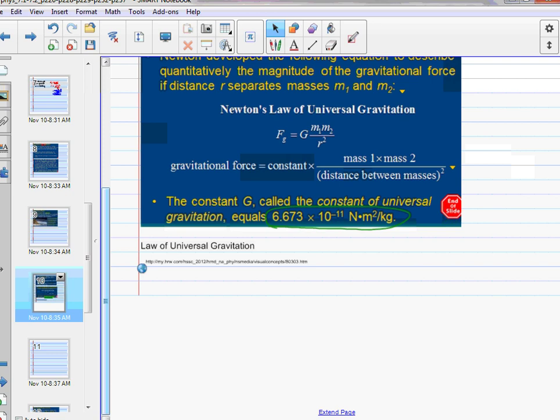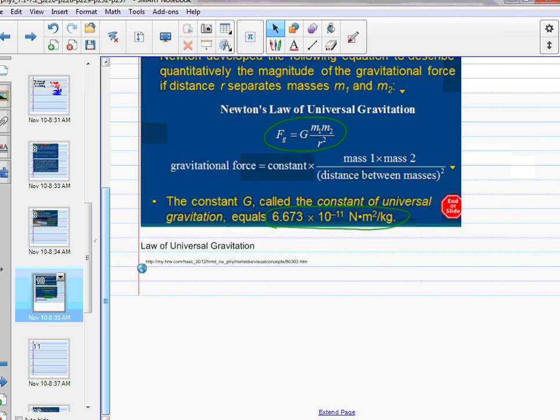He did it with different masses, calculated how much it turned and how much force it would take to twist that string. And he was the one that calculated this G, this number right here. I don't know how long it took him. Maybe it's his PhD project or something. I don't know, it was a long time ago. So here you go. Here's our third formula that we have for today.